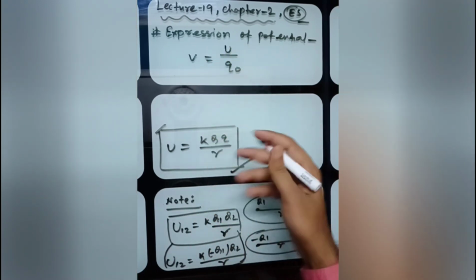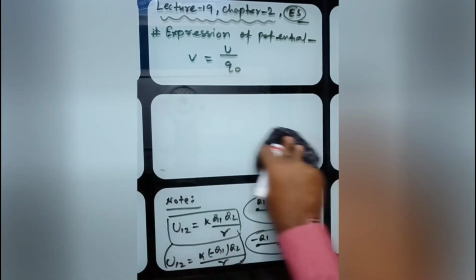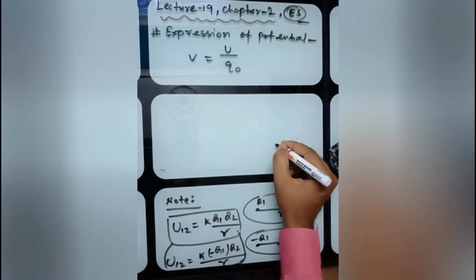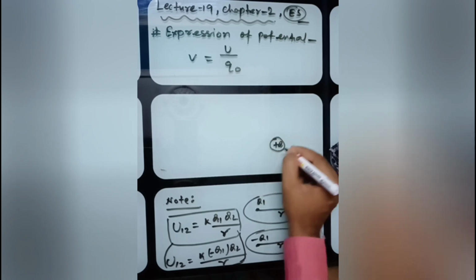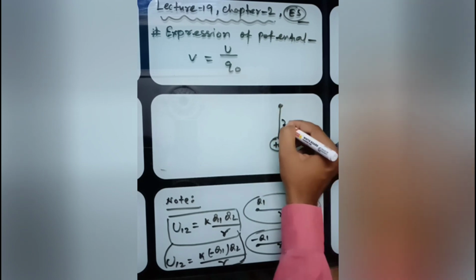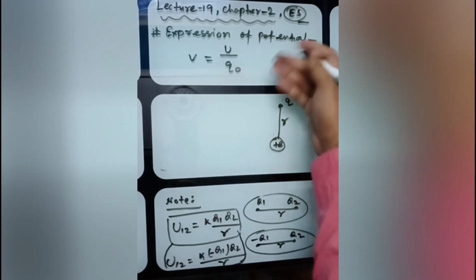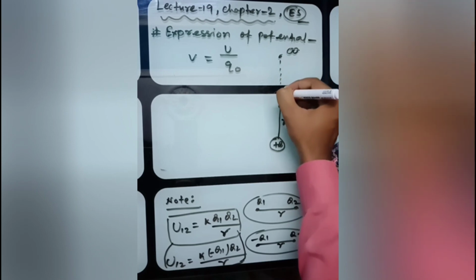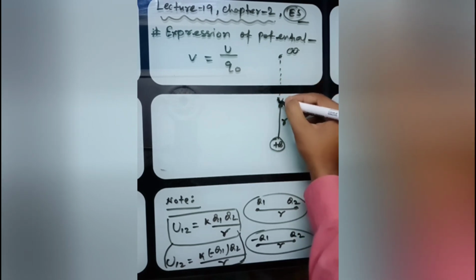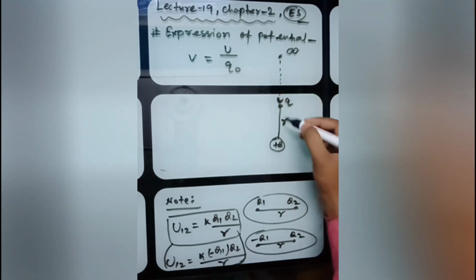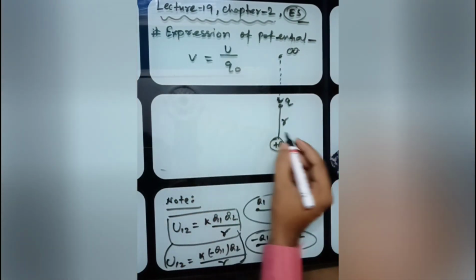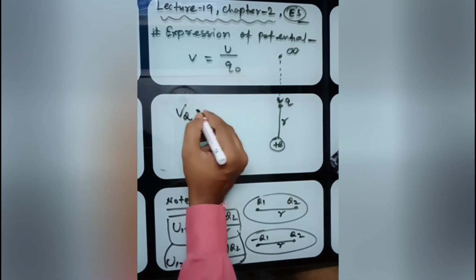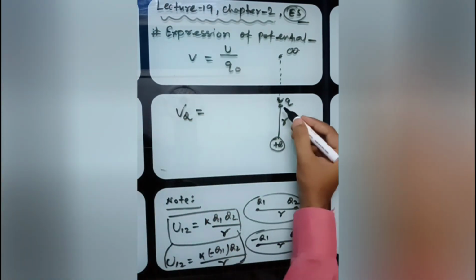Now we have to decide at which point we want to find the potential. Suppose this is the charge plus Q. At distance r, we bring a charge from infinity, and we have to find the potential at this point. Then you are finding the potential of which charge? Capital Q, at this point.